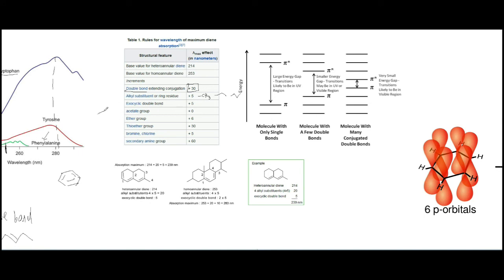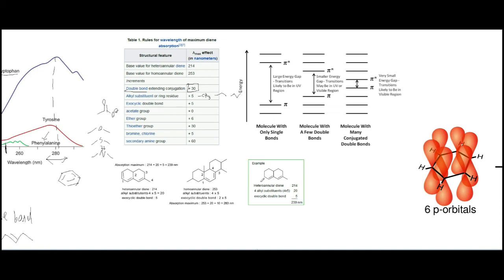Acetate group would be something like this. Ether group is something like that. Thioether, something like that. Bromine and chlorine would just be adding one of those onto it. Secondary amine group would be something like that. And so we see that those all can add to the wavelength of our maximum peak, where on the bottom here our maximum peak would show up.